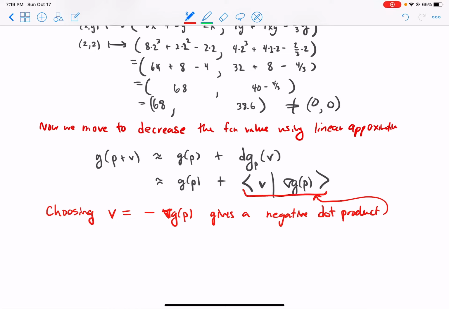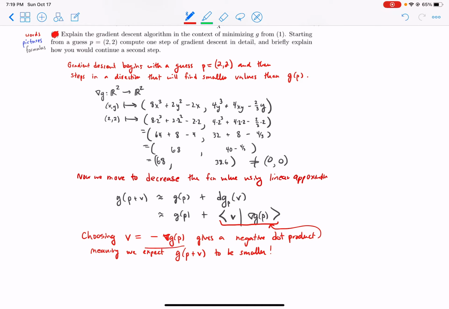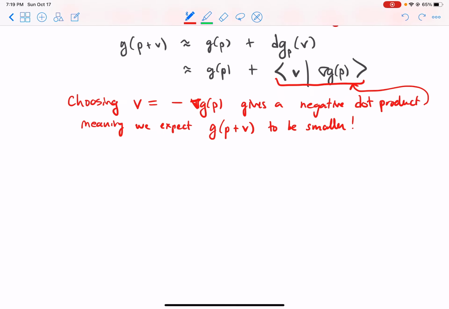And so meaning we expect that whatever g of p was, we add a negative number to it, and we'll get a smaller value. We expect g of p plus v to be smaller. Okay, that's good, because we want to descend. We're going to use the negative gradient to descend. And so I'll even draw a picture of this now.